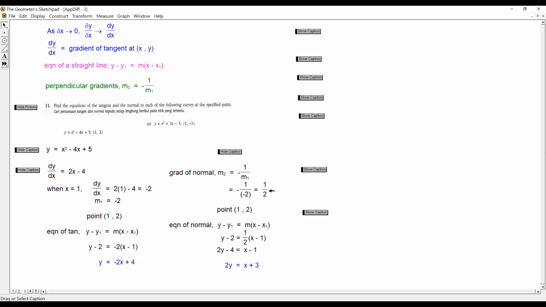So knowing m2, the gradient of normal, and the coordinates of the point, can you find the equation of normal? Yes. So again, you use the same formula, y minus y1 equals m(x minus x1). You substitute inside the formula, and you will get the equation of normal. Right.